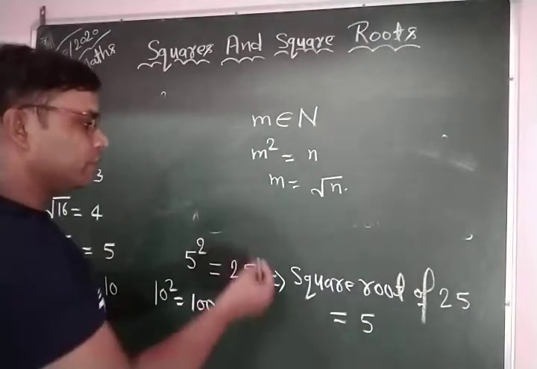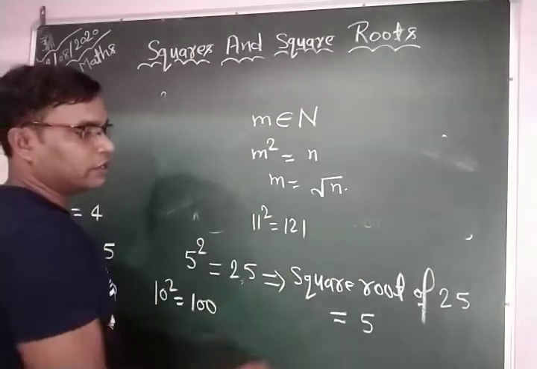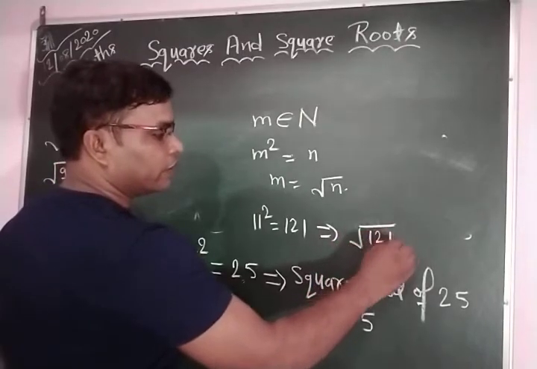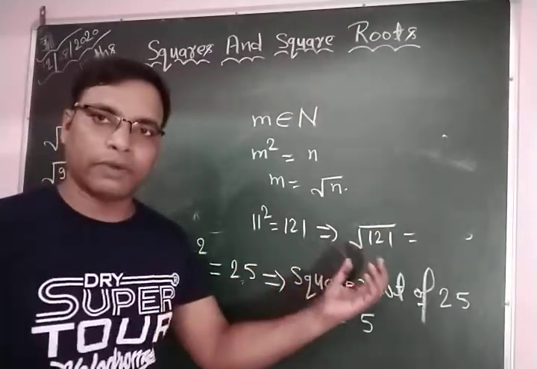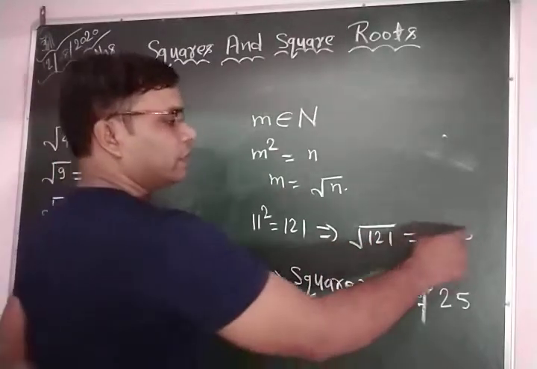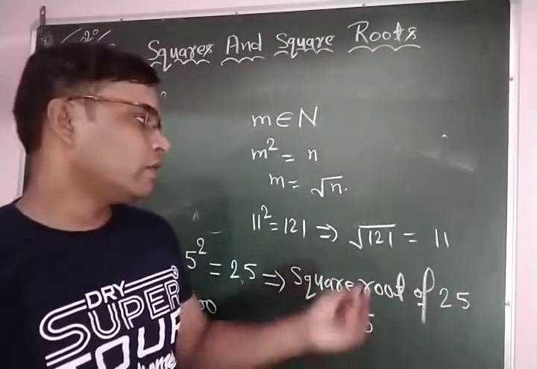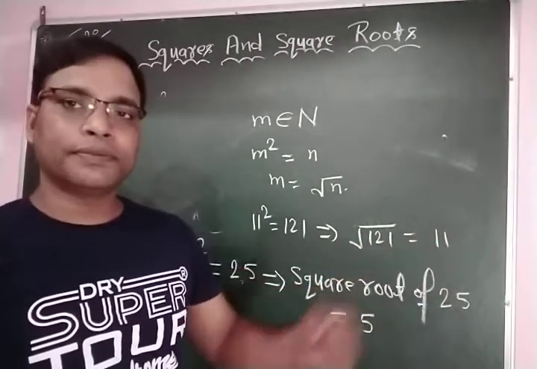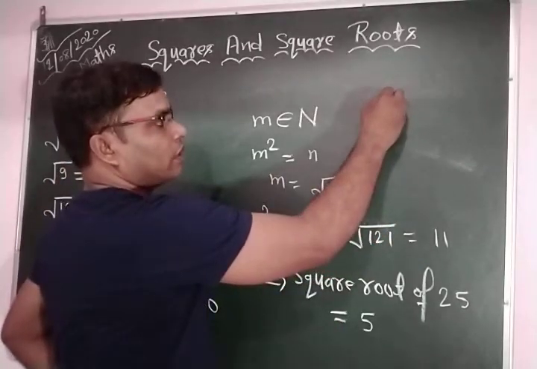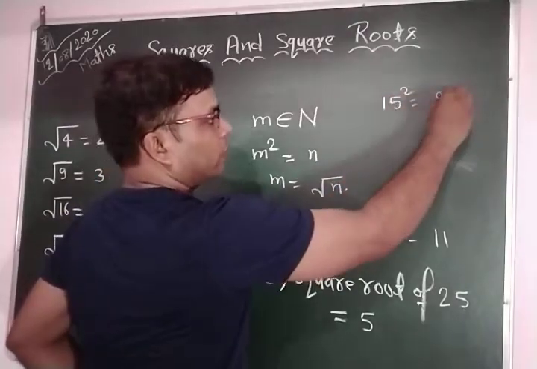So if you take 11, the square of 11 is equal to 121. So what is the square root of 121? The square root of 121 is equal to 11, because 121 is the square of 11. Okay, similarly you can see here the square of 15 is 225.